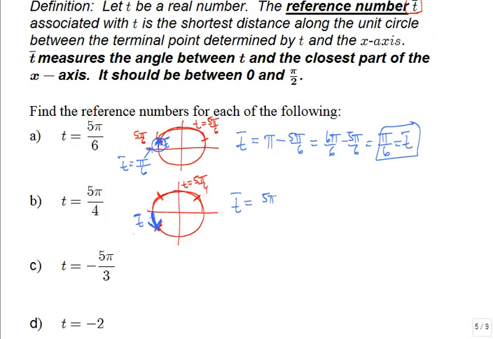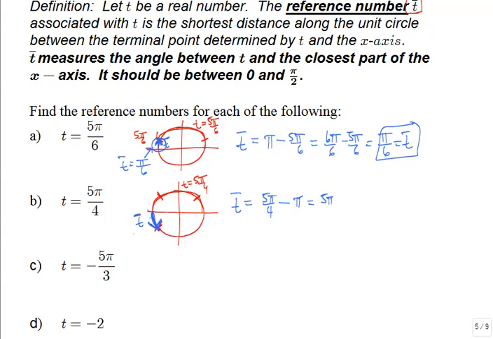So we're going to take that 5 pi over 4 and subtract off this pi part, this top half right here. If we take all of 5 pi over 4 and subtract off just this top part, we should be left with just this blue part down here. So our reference angle t bar is the entire distance 5 pi over 4 minus the pi.